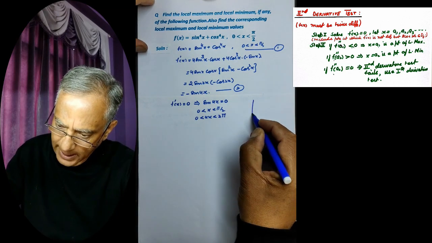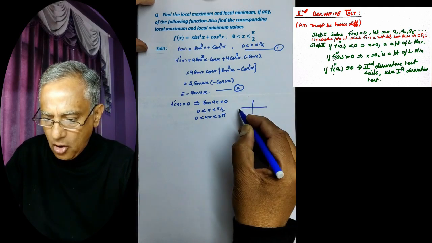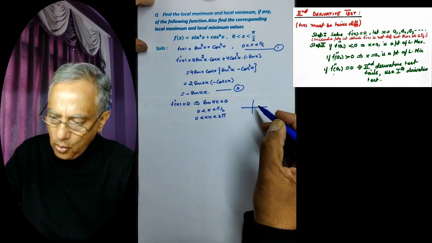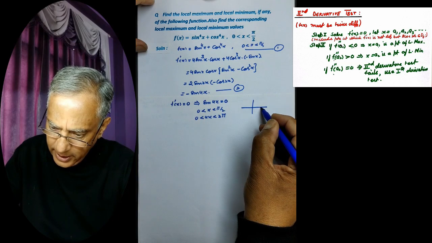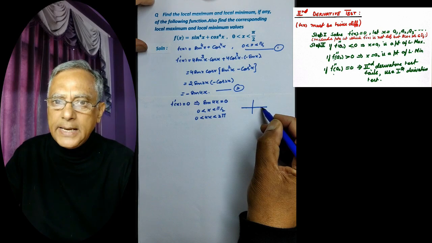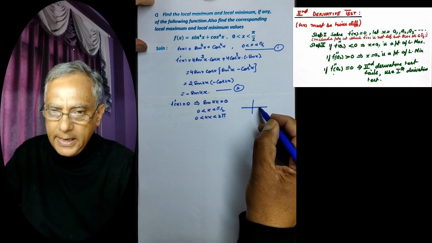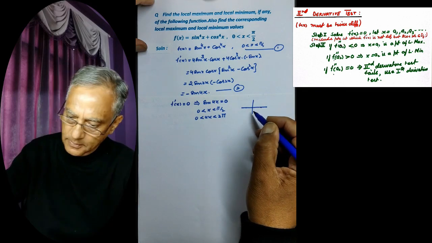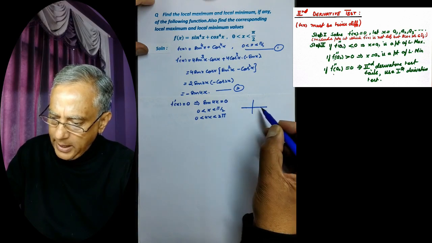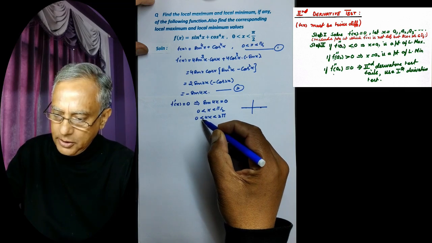Now sin of x is 0 along the x-axis, and cos x is 0 along the y-axis. So sin x is 0 at 0, pi, 2 pi, 3 pi, 4 pi, and so on. So in this interval, 4x will be 0 at 0, but 0 is not in this interval, it is strictly greater than 0.